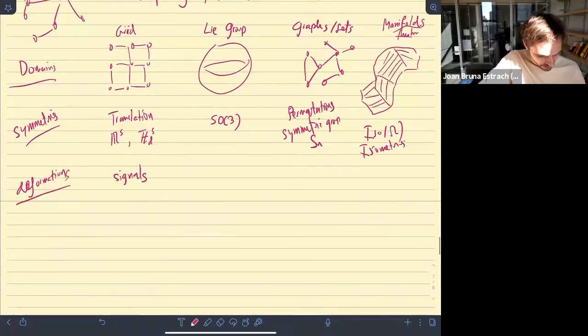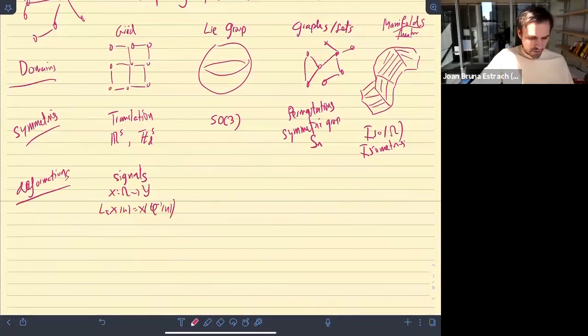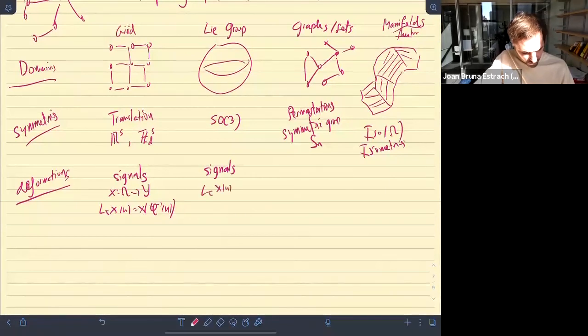We have a signal that goes from the domain, and then we can take the signal and apply the deformation, with a diffeomorphism, as you remember. Here we can do the same thing, so we have L_tau of x of u, that is a certain transformation.